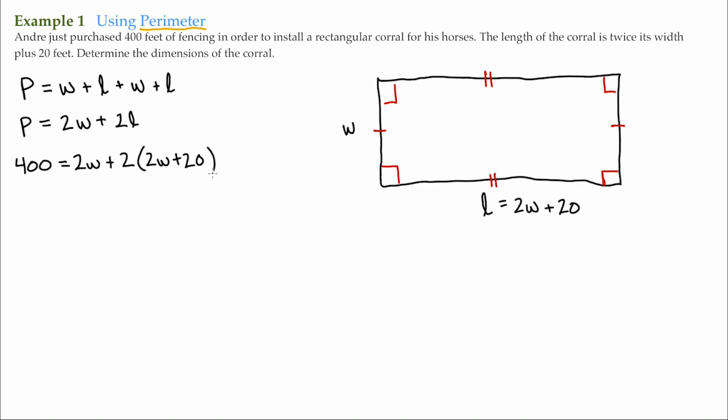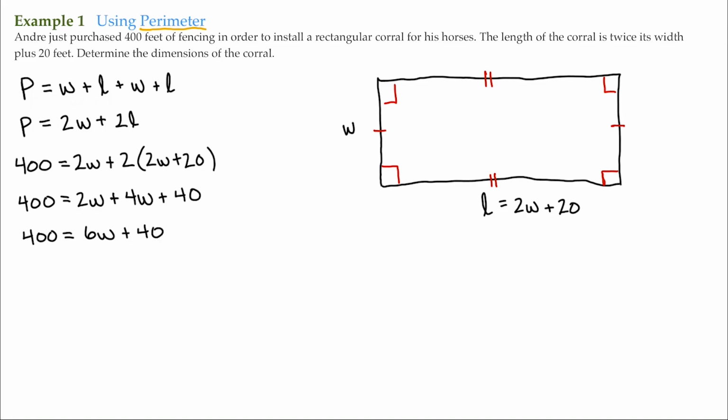So now we can solve for W. So I'll write this as 400 equals 2W, and now I'm going to use the distributive property. 2 times 2W, that's 4W. And 2 times 20, that's 40. We can now gather up like terms. 2W and 4W, that's 6W.